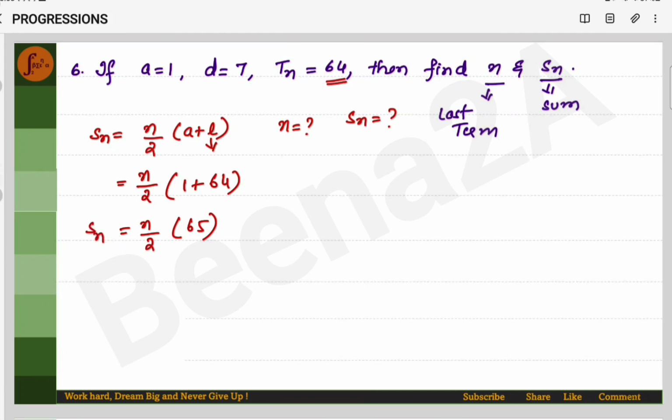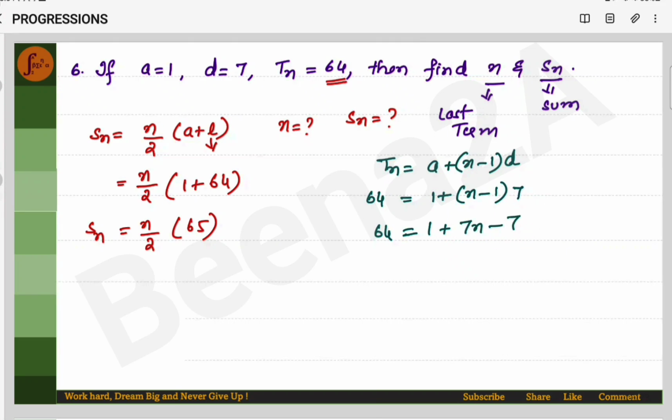This is Sn. Let's use the term formula, right? What is the term formula? The term formula is a plus n minus 1 into d. Now, a is 1, n I don't know, n minus 1, difference d is 7, and Tn is 64. Now, using this, this will be 1 plus 7 into n, 7 into 1 is 7.